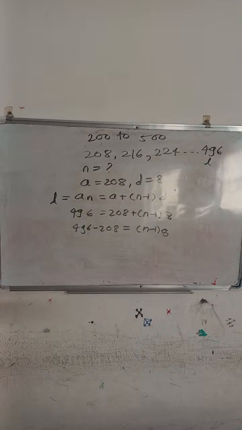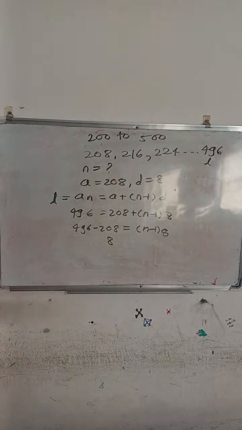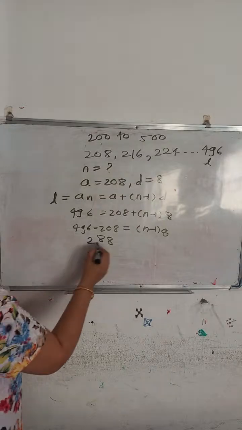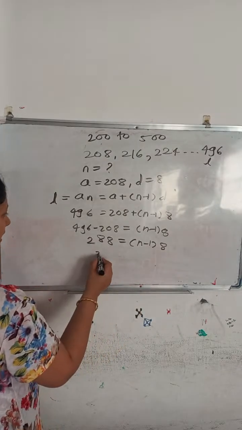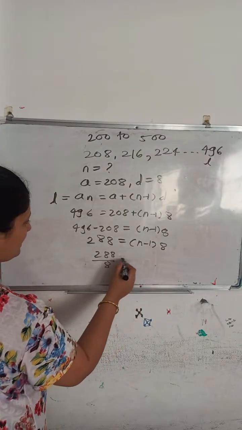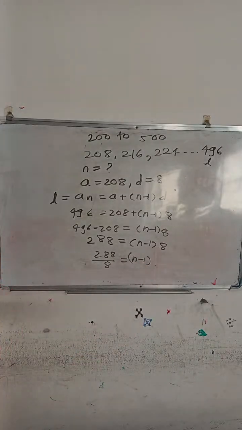Simplify this: 496 minus 208 is 288. So 288 is equal to n minus 1 into 8. The 8 you can transpose to this side, so it gets divided. Check how much answer we are getting.